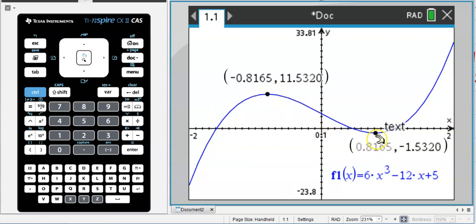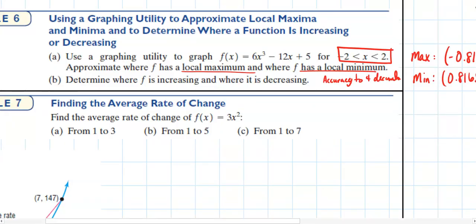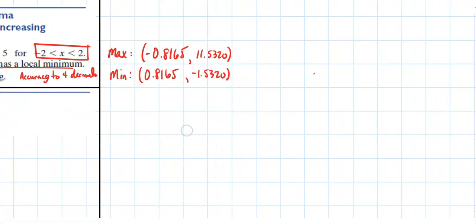And then again, a minimum point occurs when the function changes from a decreasing function to an increasing one. So essentially between this point and this point, considering the x values only, that's where our graph is decreasing. And if we go to the left of this data point and to the right of this data point, that's where our function is increasing.